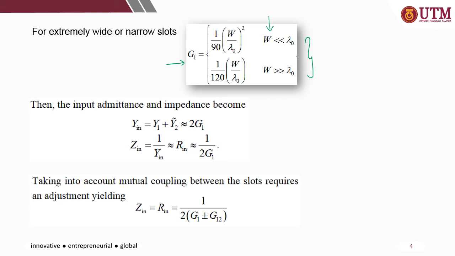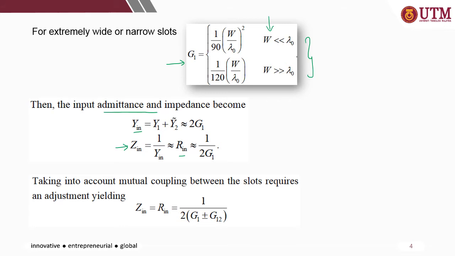Alright, so the input admittance Y in of the structure or the patch is reduced to approximately 2G1, 2 times the conductance, while the input impedance Z in equals 1 over the input admittance, which is more or less equal to R in, the input resistance, which is equal to 1 over 2G1.